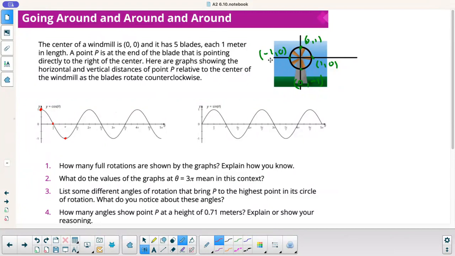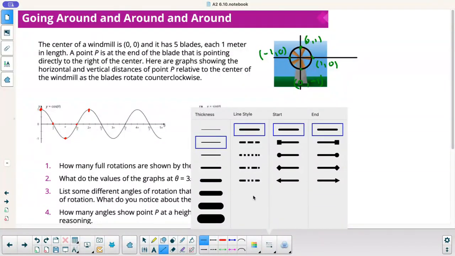We're looking at the x coordinate. That's the horizontal distance. And then 3 pi over 2 would be down here. That's at 0 again. And then 2 pi, we're back to the start. So really, that's a full cycle of the windmill. Okay, picture it like this here too. I guess maybe I should have done this earlier.